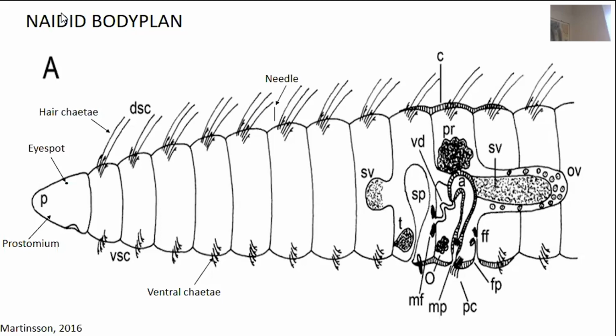There are 5 or 6 different kinds of chaetae. Most of them have a dorsal and ventral side. The only exception is Chaetogaster, which doesn't have a dorsal. So they'll have hair chaetae, which we'll see a little bit later in Stylaria. They're very long, really pointed, sharp-looking objects with a nice serrated edge. Mixed in with the hair chaetae, we have small needles that look about the same.